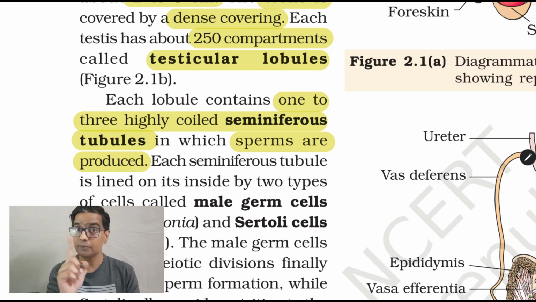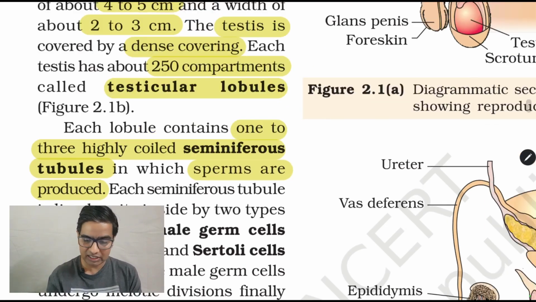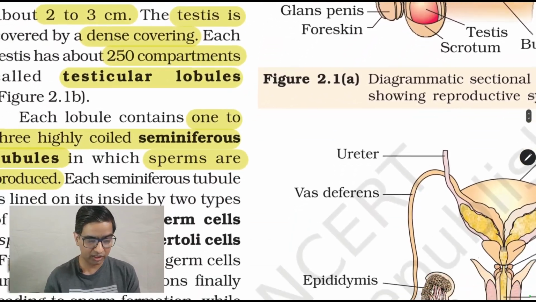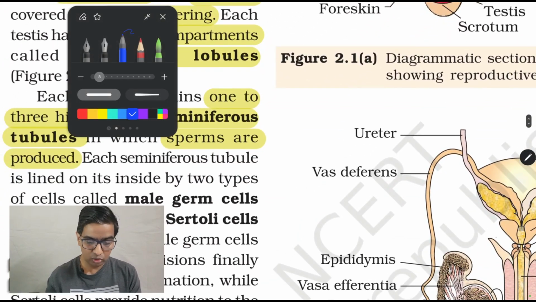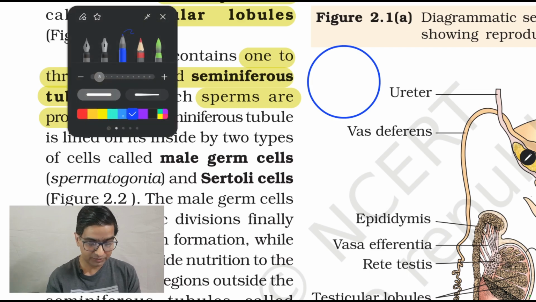Not semen, only sperms. Now if you zoom in and look inside the seminiferous tubule, there will be two main types of cells.